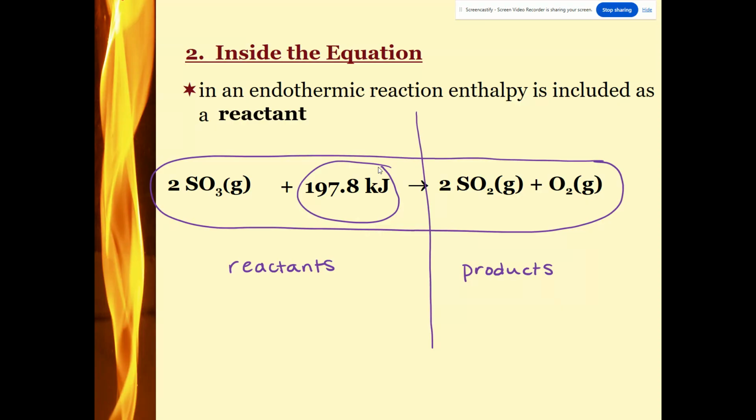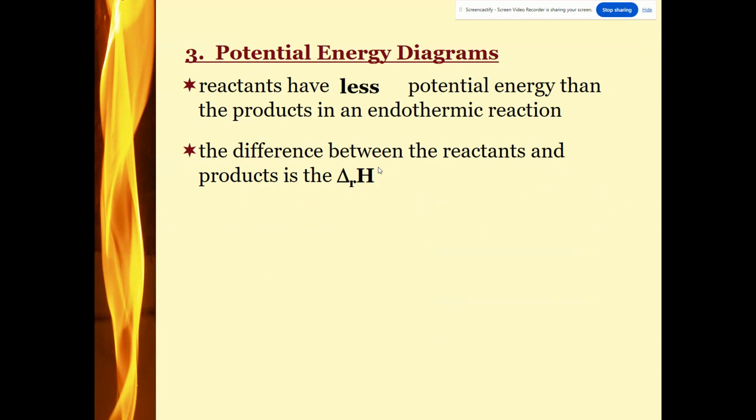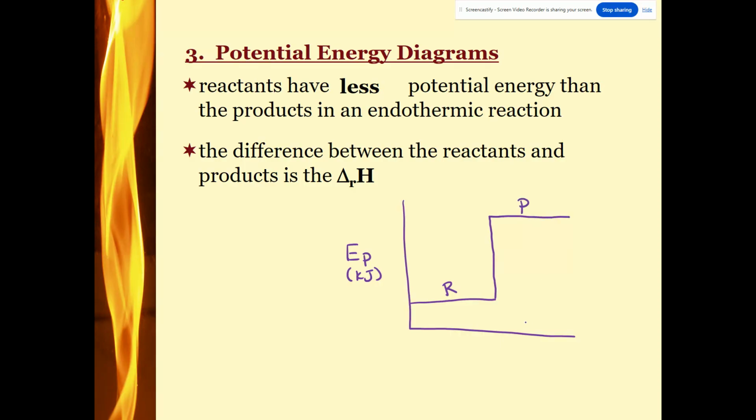Okay? And then, as a potential energy diagram, let me draw a quick reference for you. This time, my system is gaining potential energy. So my reactants are going to start lower down, and the reaction as it gains energy is now going to store that energy in the bonds of the products.